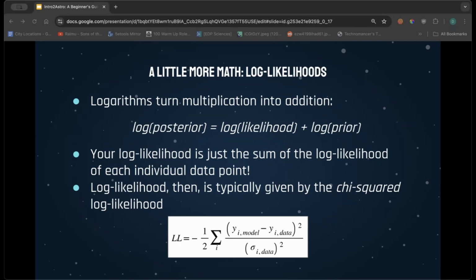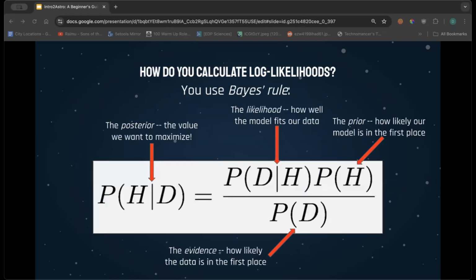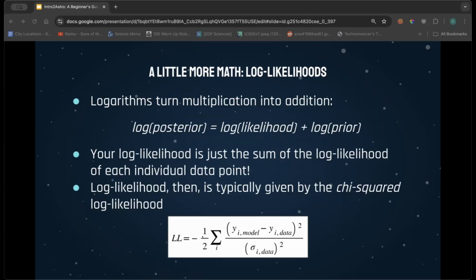But more importantly, the reason we use logarithms is that the log of two values multiplied by each other is just the sum of the log of 1 plus the log of 2. So we know the posterior equals the likelihood times the prior divided by the evidence, but we're going to ignore that.